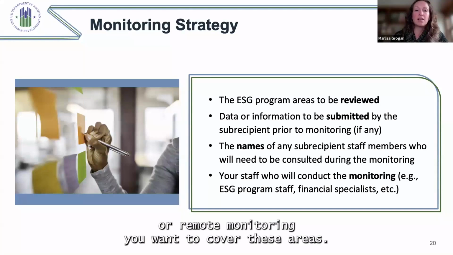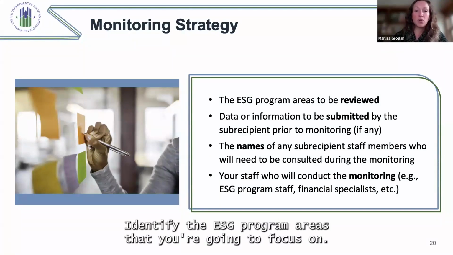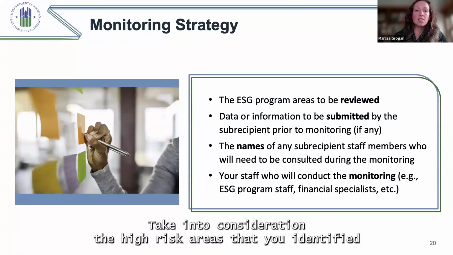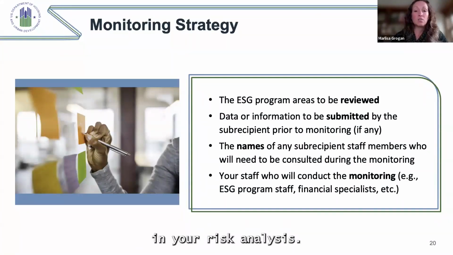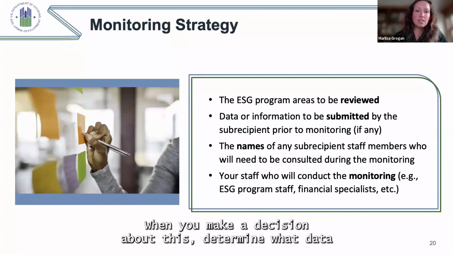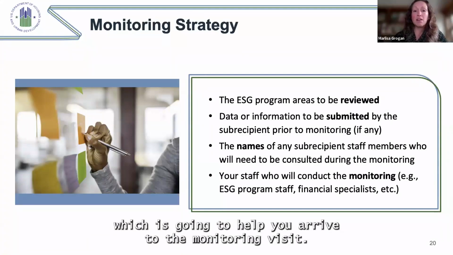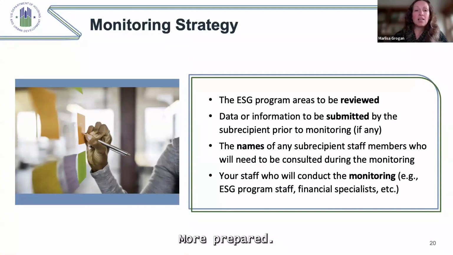You want to cover these areas. Identify the ESG program areas that you're going to focus on. Take into consideration the high-risk areas that you identified in your risk analysis when you make a decision about this. Determine what data or information you're going to ask your subrecipient to provide in advance, which is going to help you arrive to the monitoring visit more prepared.